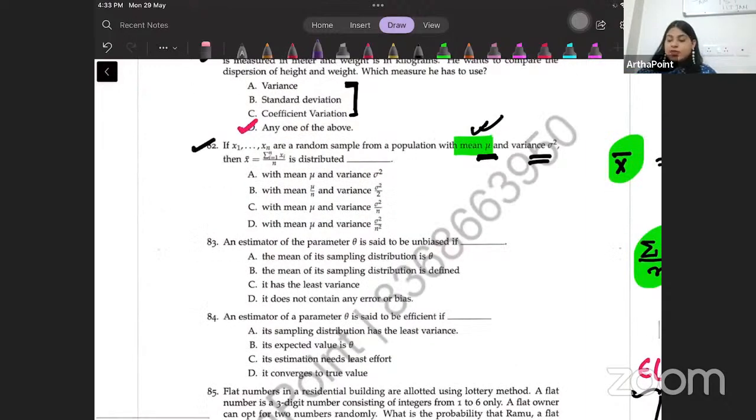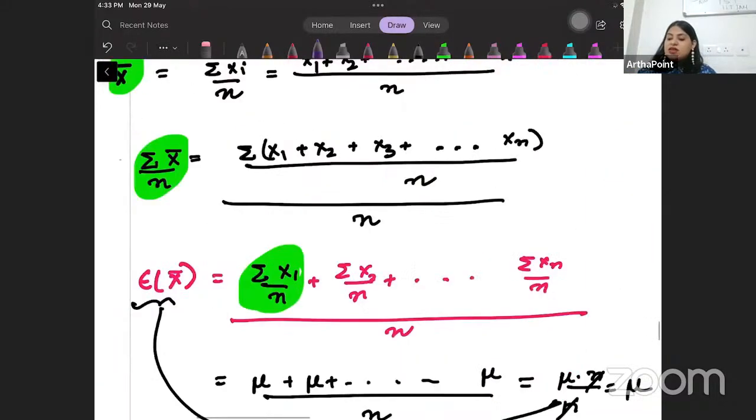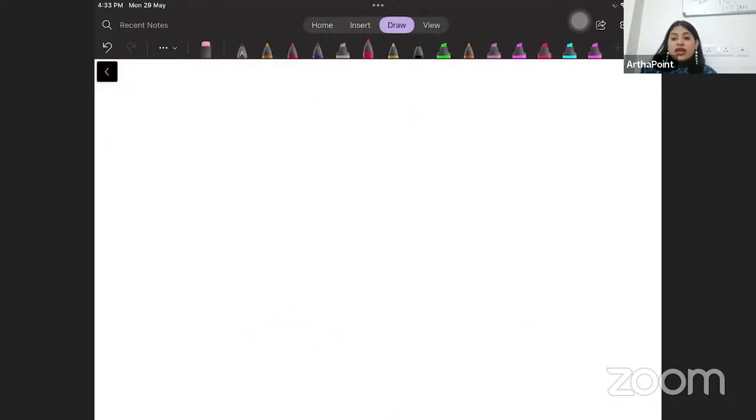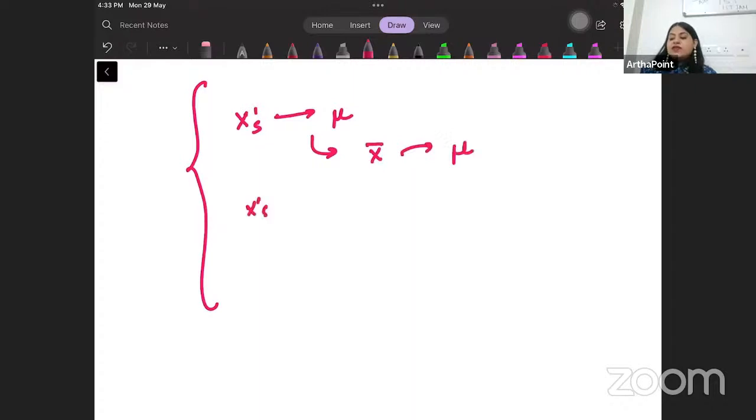In the same way, if the variance of each of the xi is sigma square, then the variance of x bar will be sigma square by n. I have explained these in detail in class, right? So each of the xi's, if they have mean mu, then x bar will have mean mu. If their variance is sigma square, then the variance of x bar will be sigma square by n.